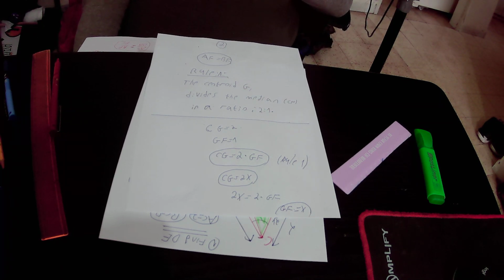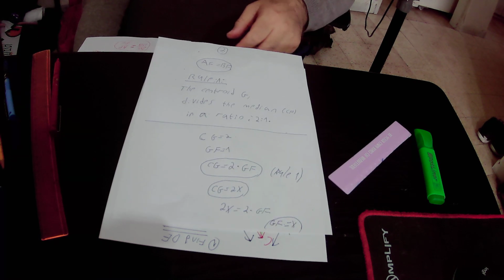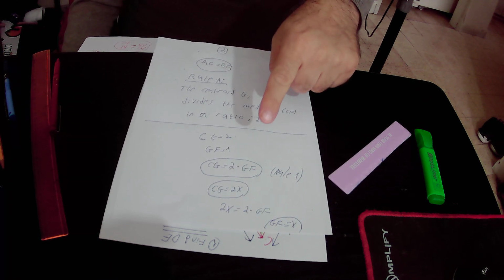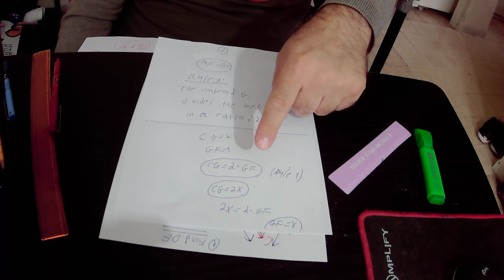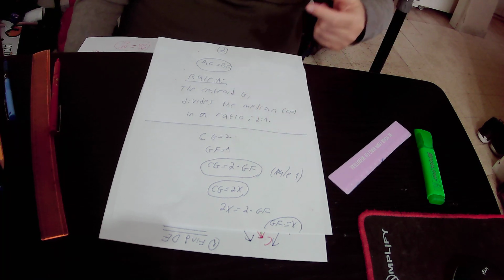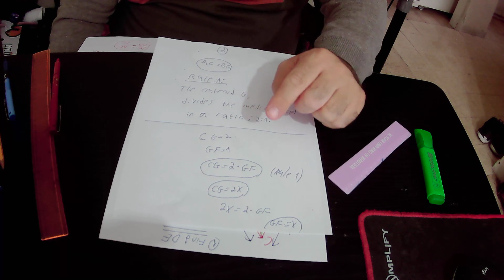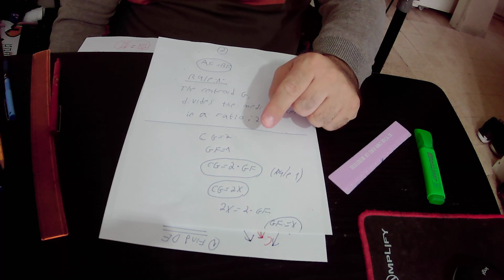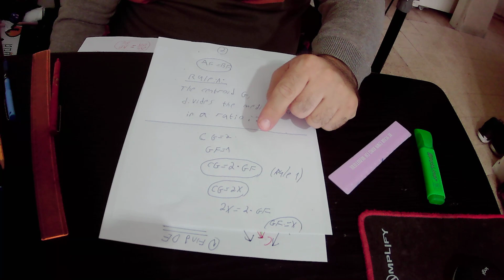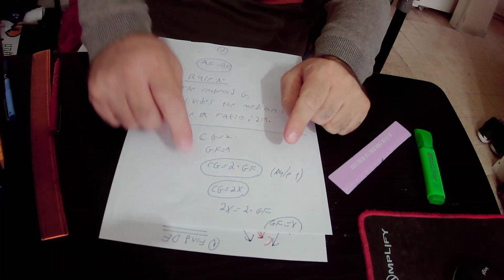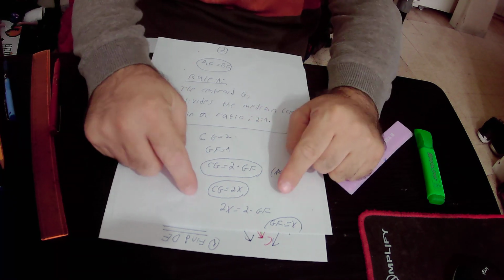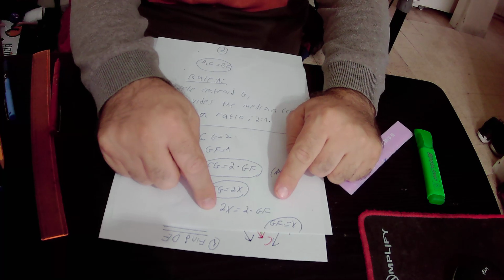Okay? And if we define CG as 2x, that is to say CG equals 2x, then we can substitute the value of CG by 2x. So we substituted CG by 2x in this equality, and we got that 2x equals 2 times GF.